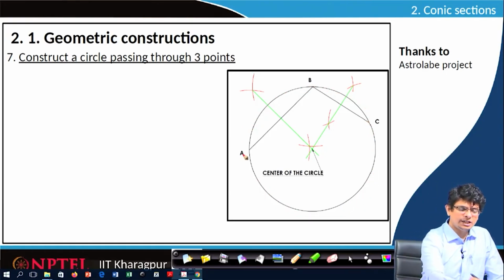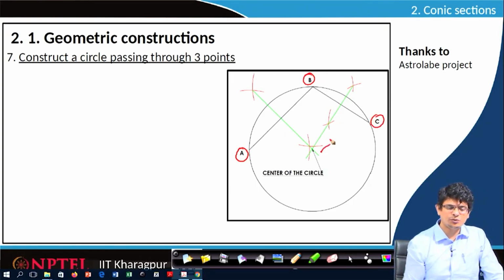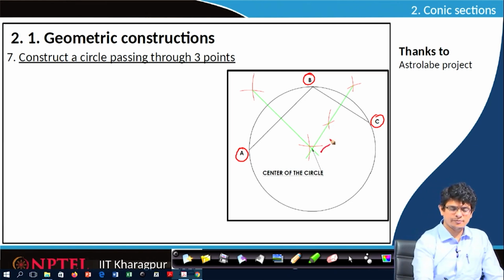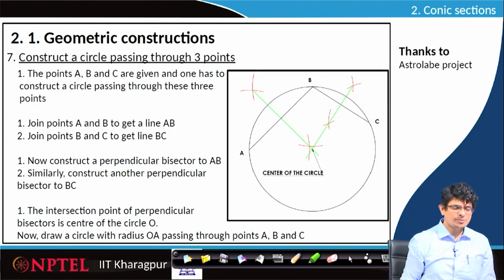What we know is only 3 points A, B and C. No more details are known. We do not even know where the center is, what the radius is and so on. Let us look at the constructional procedure.